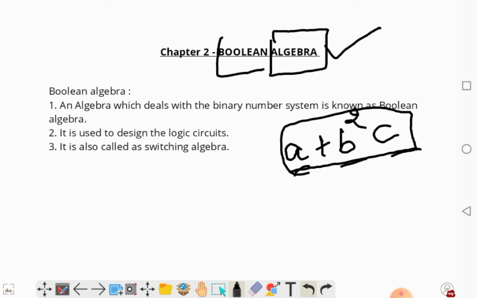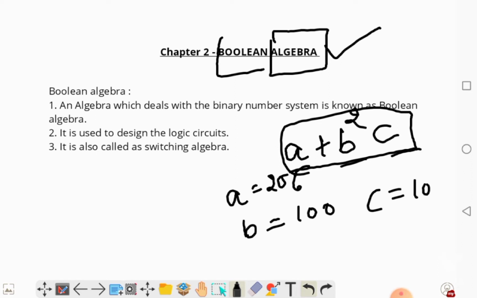When we are working in an algebra, the A value can be anything. A value can be 256, B value can be 100, C value can be 1000. The values for this variable can be anything. Now we understand for the Boolean algebra. For the normal algebra, the variables values can be anything.